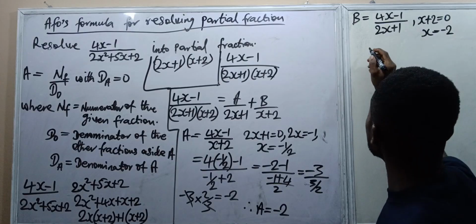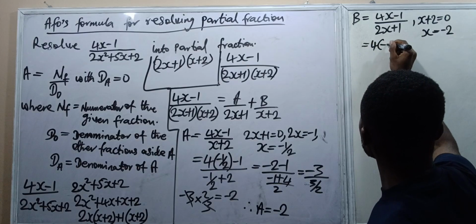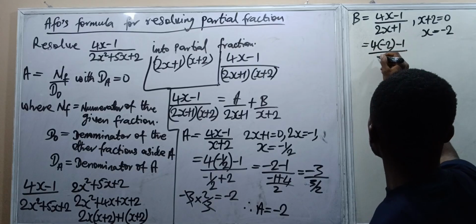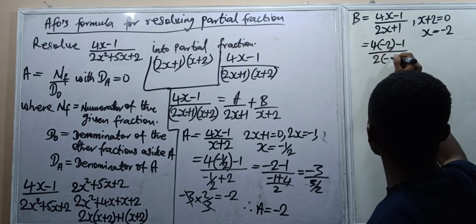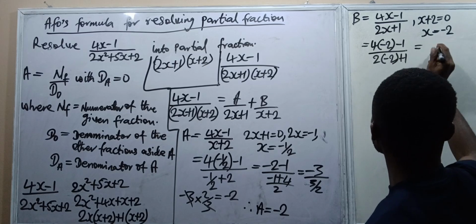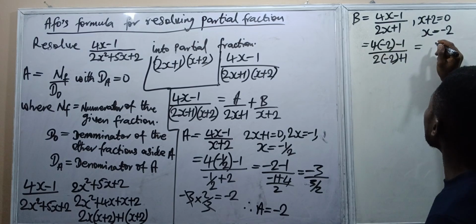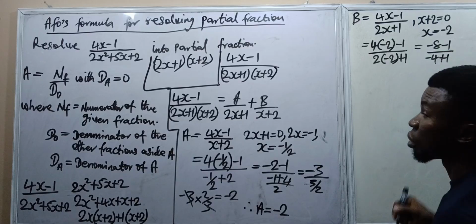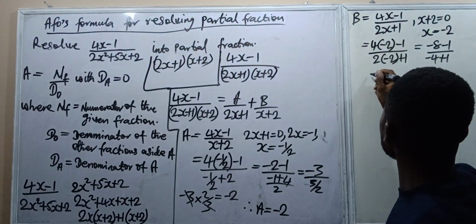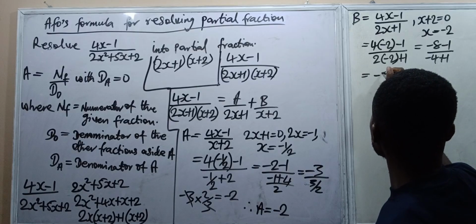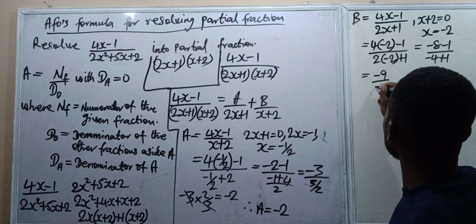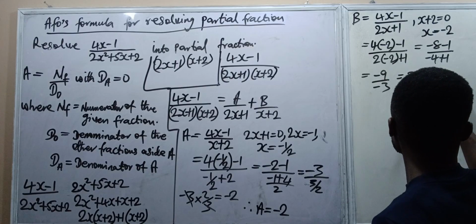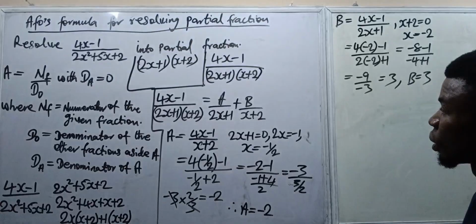Now we plug in minus 2: 4 into minus 2 minus 1 all over 2 into minus 2 plus 1. 4 times minus 2 gives minus 8, minus 1, all over minus 4 plus 1. That gives minus 9 over minus 3. When you cancel, we have 3. Therefore, B is equal to 3. Now we've gotten A and B.